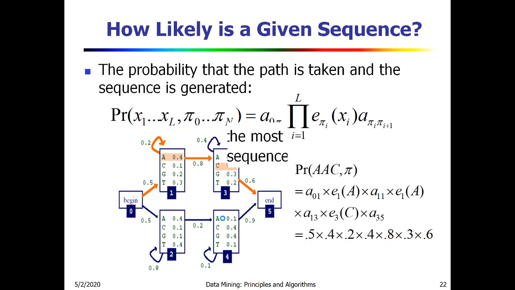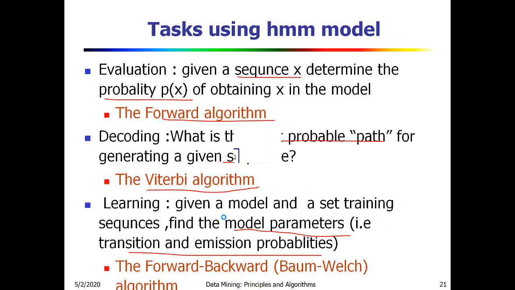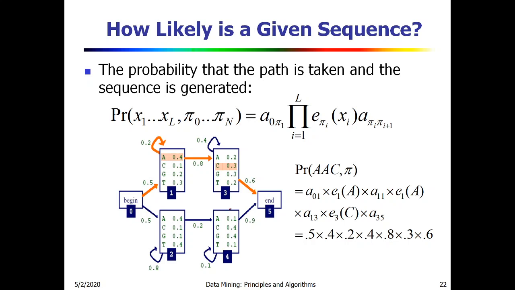So this is a sequence where you are going to use the forward algorithm. In this example, we want the probability that the path is taken and the sequence is generated. Since we have the sequence of states from x1 to xL, and the values pi naught to pi n, we can calculate using this particular sequence.